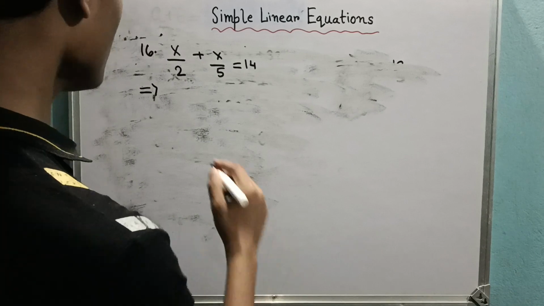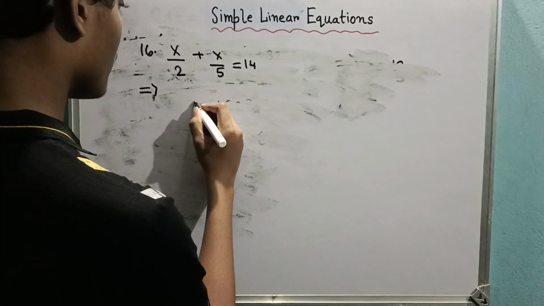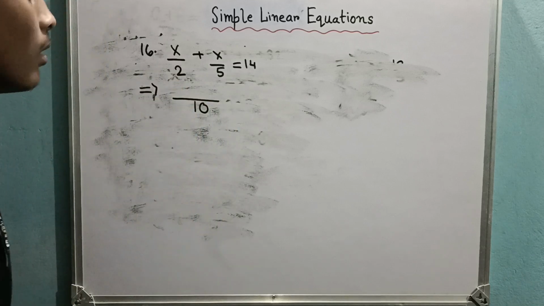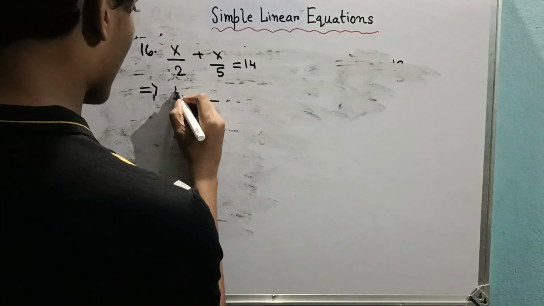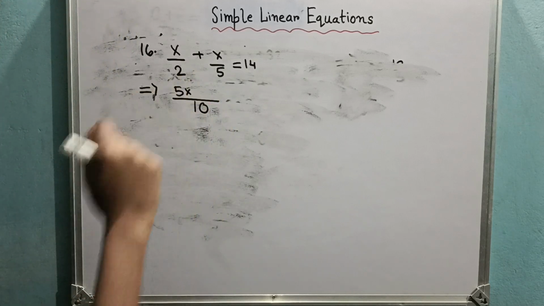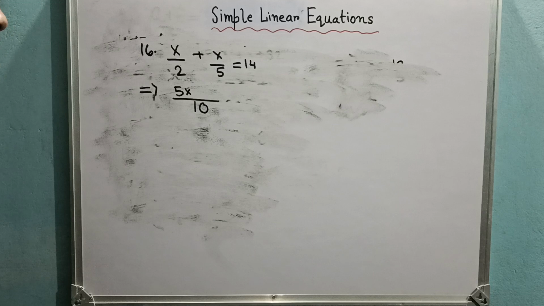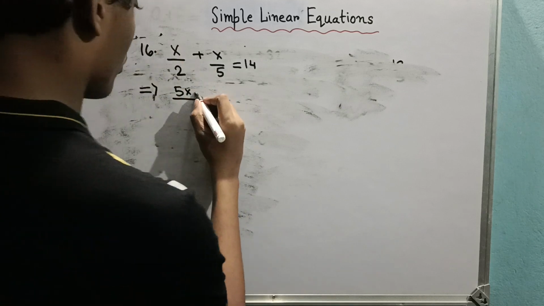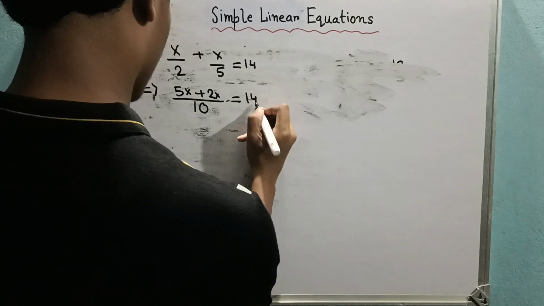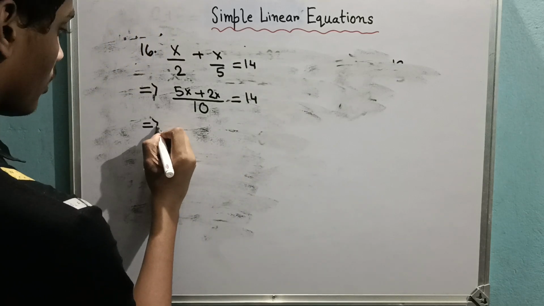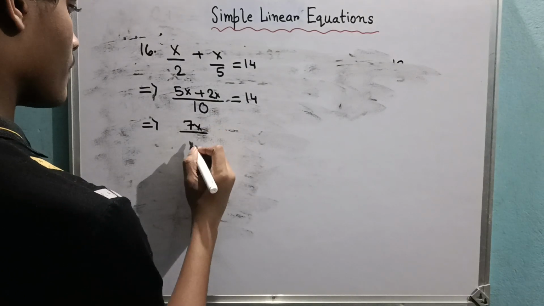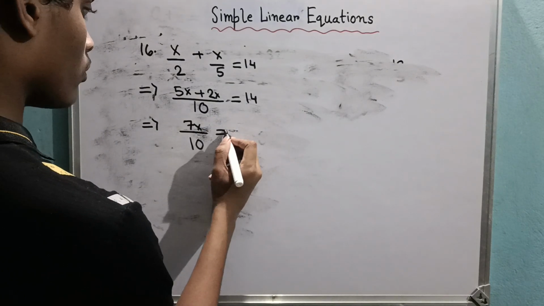So guys, the denominator here will be 10, and here 10 divided by 2 is 5, and 5 into x will be 5x, plus 10 divided by 5 is 2, into x, that will be plus 2x. Okay, equal to 14. Or you can see 5x plus 2x equal to 7x divided by 10 equal to 14.